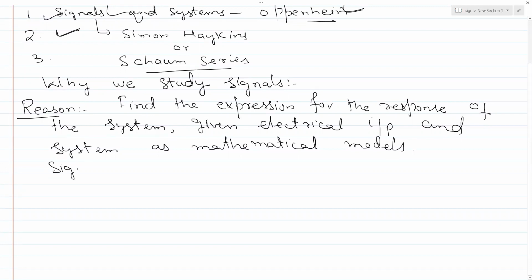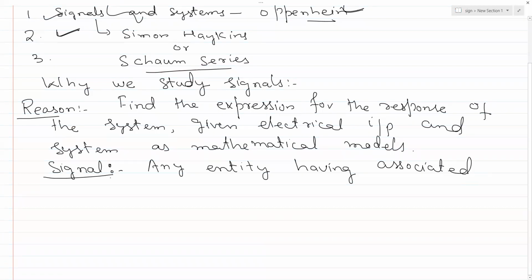Basic definition of a signal: any entity having associated information with it is called a signal. I will write it down here.